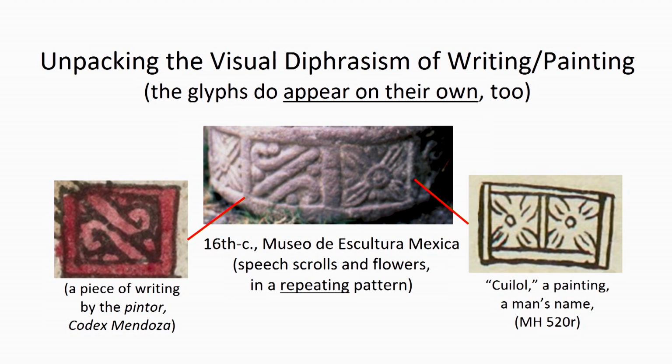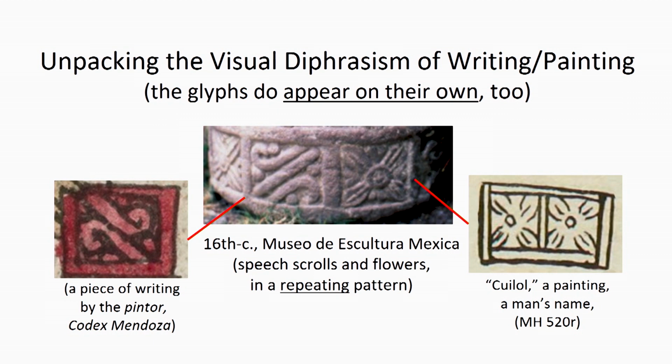But I'm going to try to unpack this a little bit. So on the left, we have what I think are two speech scrolls back to back. And on the right, something that looks like a flower. And so looking for other glyphs to help us understand these carved in stone, we know in pre-contact times. So on the left, we have a manuscript from 1541, on the right from 1560. So these are more recent, after the invasion and colonization of Mexico by the Spanish.